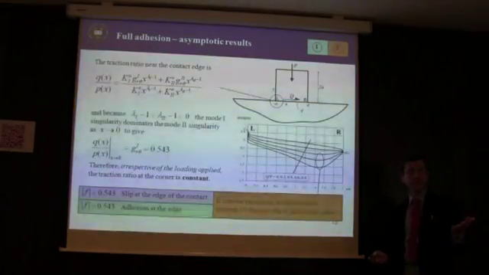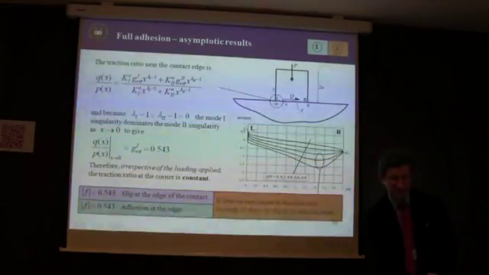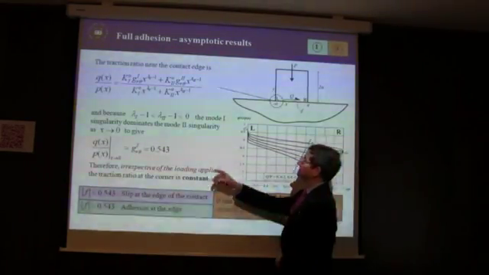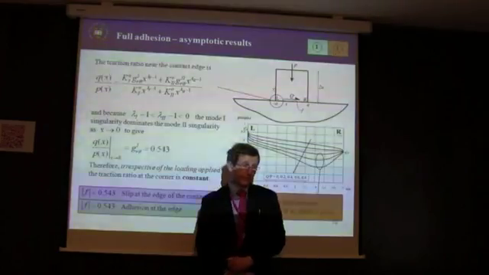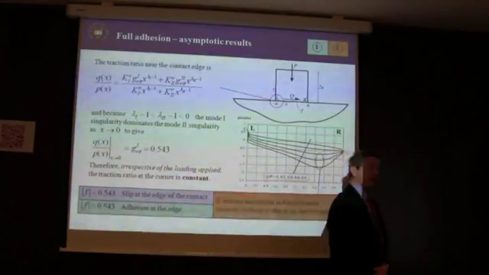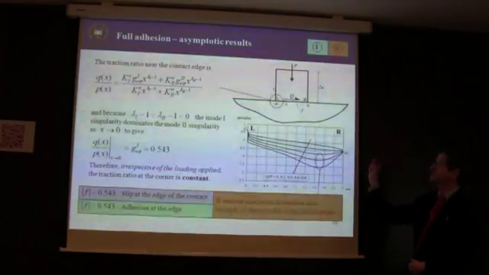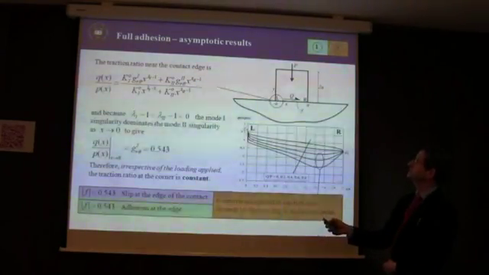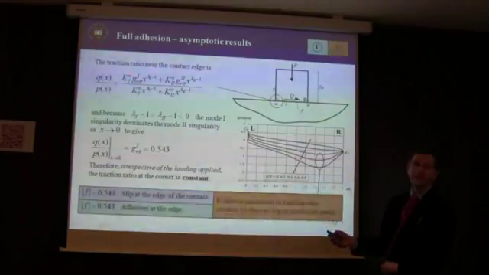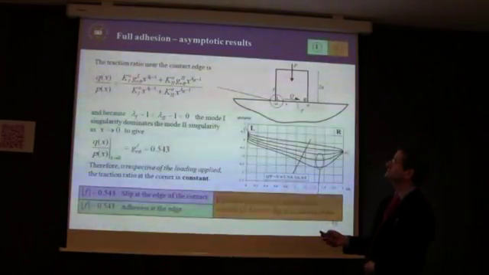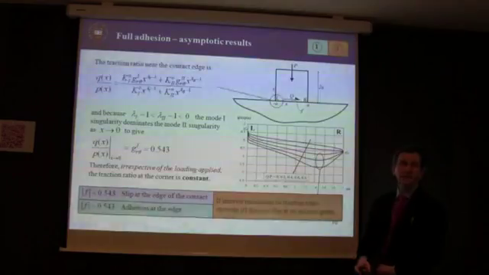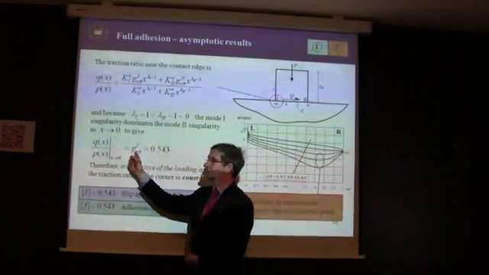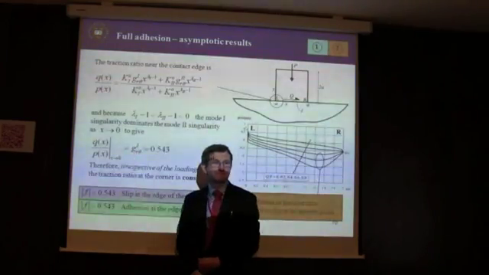But you'll remember that the mode 1 solution is nearly square root singular, whereas the mode 2 solution is much more weakly singular. It's only x to the minus 0.1. So if we make the observation point closer and closer to the corner, we can neglect these two terms by comparison with these two terms, and then you can see that even the stress intensity factor cancels out, and the only thing we're left with is this one number from the eigenvector for the mode 1 solution.